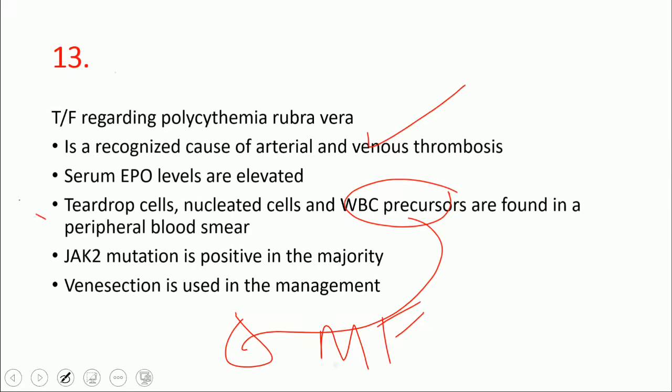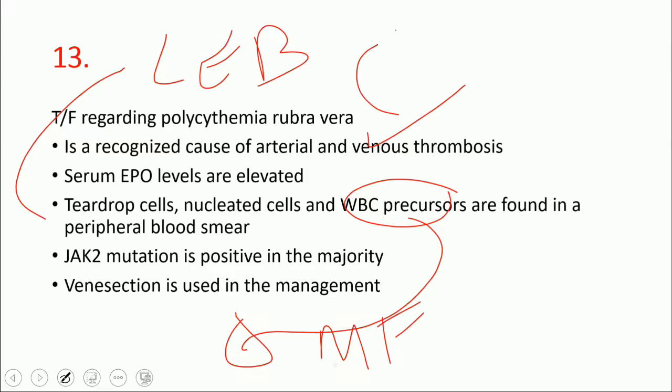Some people call this a leukoerythroblastic blood film because there are nucleated red cells which indicate a red cell problem, and also these immature white cells, leukoerythroblastic. And teardrop cells, which can also be due to iron deficiency, but in this setting teardrop cells are in myelofibrosis.